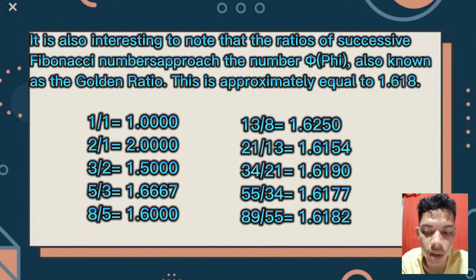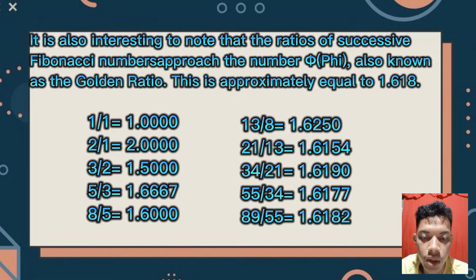It is also interesting to note that the ratio of successive Fibonacci numbers approaches the number phi, also known as the golden ratio. This is approximately equal to 1.618. So it shows here that the farther the term, the closer we get to the real value of the golden ratio. 1 divided by 1 is equal to 1.0000. 2 divided by 1 is equal to 2.0000. 3 over 2 is equal to 1.5000.